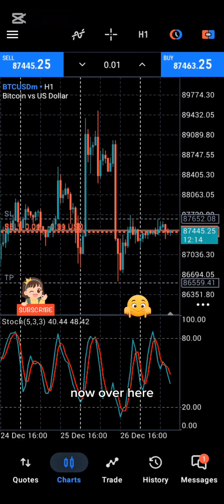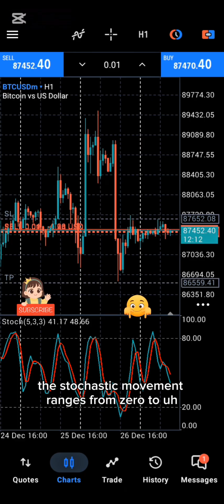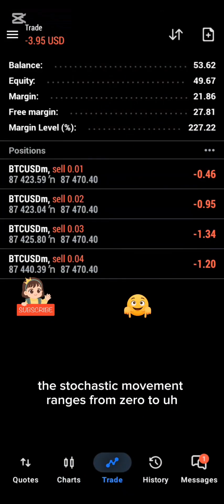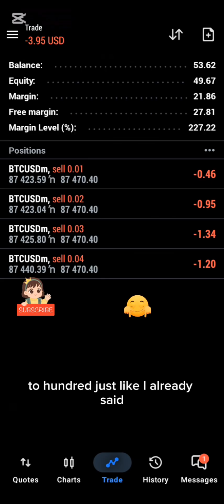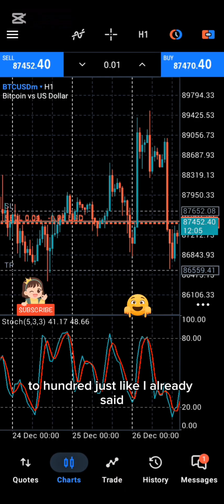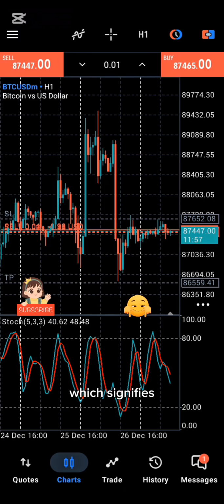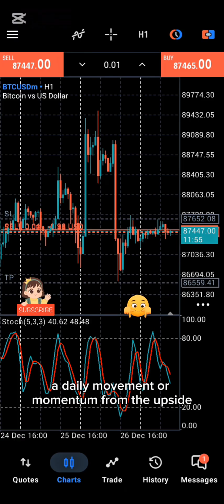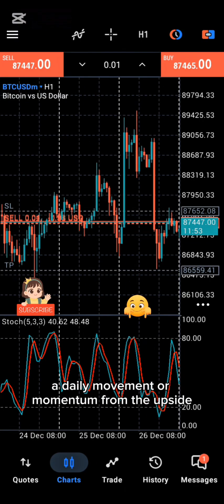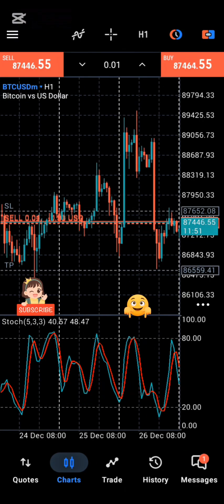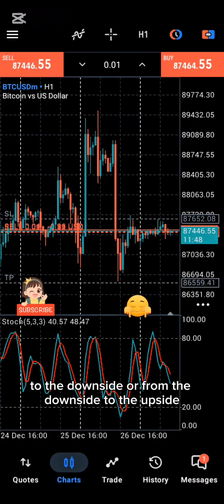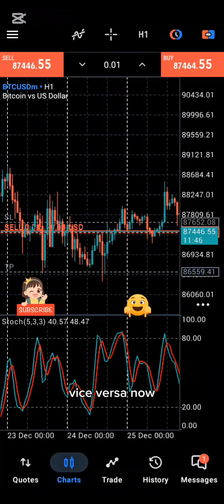Now over here, the stochastic movement ranges from 0 to 100. Just like I already said, it scales from 0.00 to 100, which signifies a daily movement or momentum from the upside to the downside, or from the downside to the upside, vice versa.